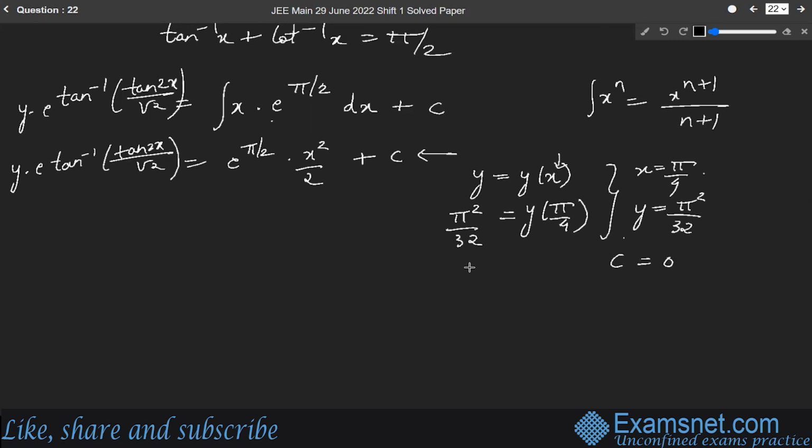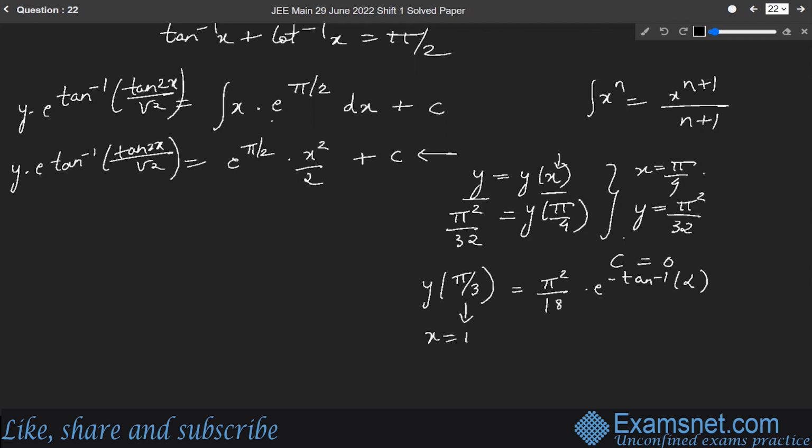Similarly, one more value is given in the question, which is y of pi by 3 is equal to pi square by 18 into e power minus of tan inverse alpha. It is also in the same form, which is y is equal to y of x. So this is y of x.